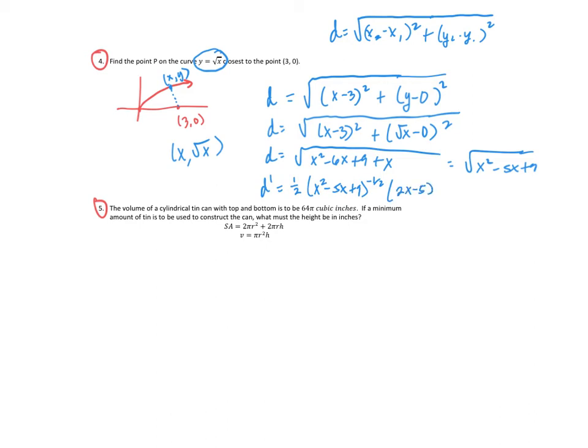There's a couple of different explanations for why this portion of it will not yield the answer. Some have to do with just reasonability, some have to do with linearity, some have to do with just pure logic, right? We're going to get an answer, a very nice, simple answer, when we take 2x minus 5 and set it equal to 0, and that answer is 2.5, or 5 over 2.